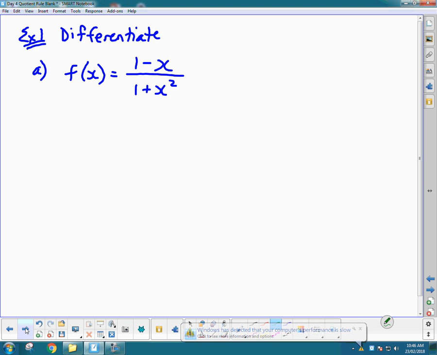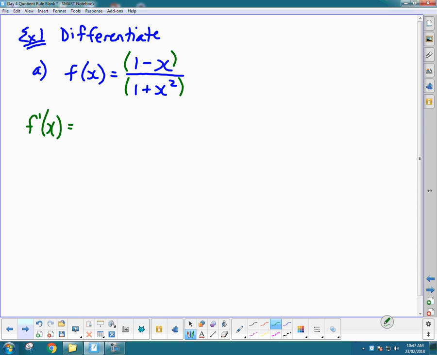So here's our first example that we're going to differentiate. It is f of x equals 1 minus x, all over 1 plus x squared. So again, we want to make sure we identify which one's which, so I'm calling this top part obviously the top, and this bottom part the bottom. So when I go off and differentiate, I'm going to take the derivative of the top.